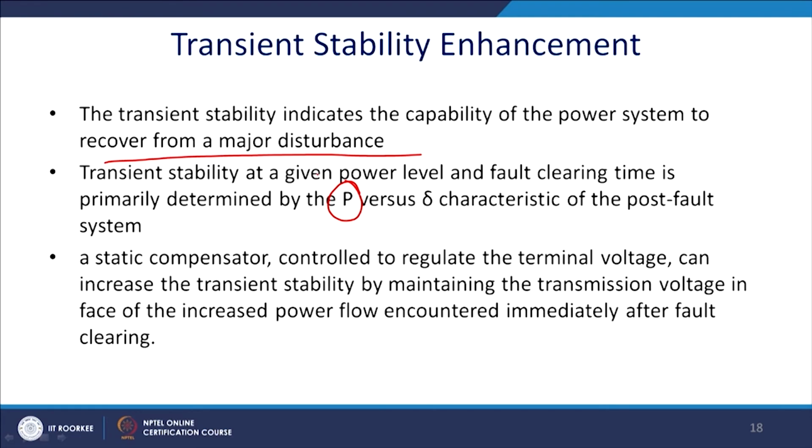The static compensator controlled to regulate the terminal voltage, we have seen that, can increase the transient stability by maintaining the transmission line voltage in the face of the increased power flow occurring immediately after the fault clearing. So, this is something that SVC can do and thus increases the transient stability.